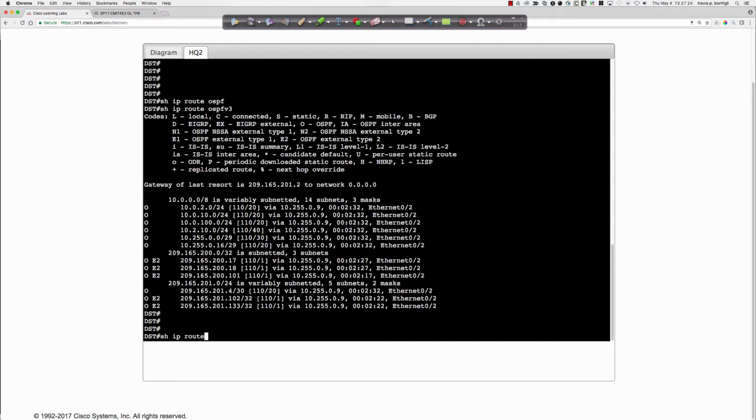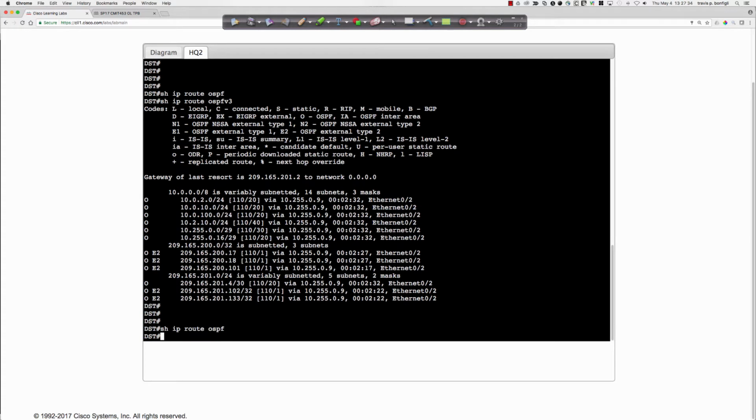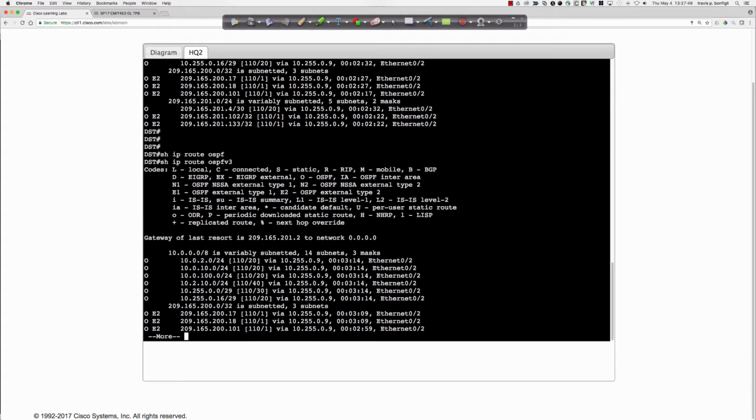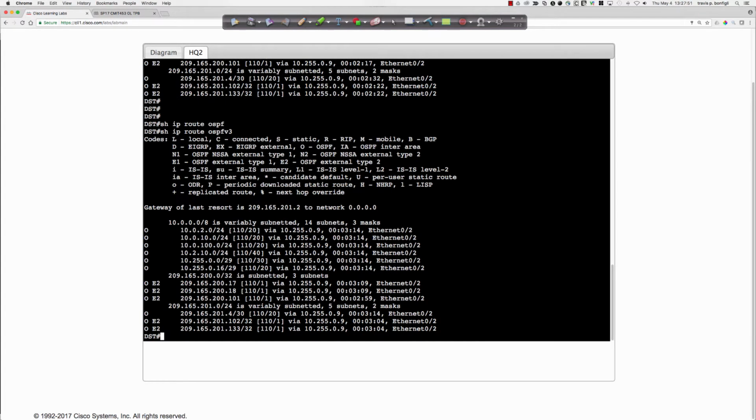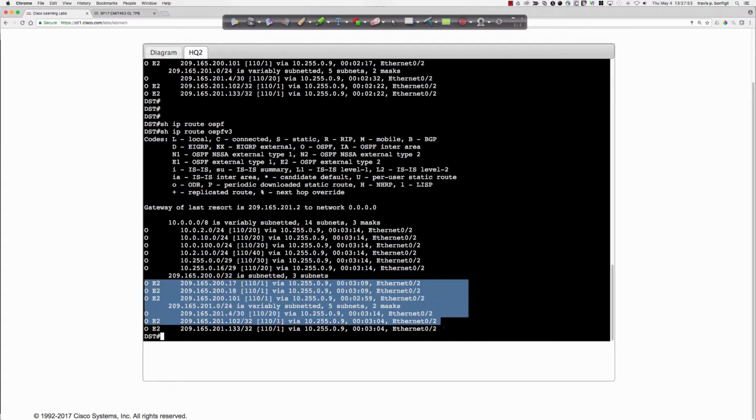But if I only want to see the OSPF information, if I say ospf, that will work, but that will only work when we're doing OSPF with IPv4. When I'm using OSPFv3 with address families, we have to say show ip route ospfv3 to see all of this external information that we're talking about.